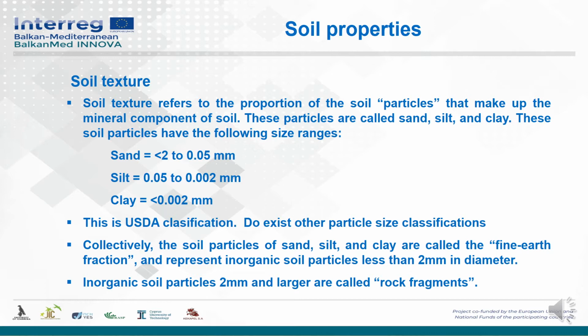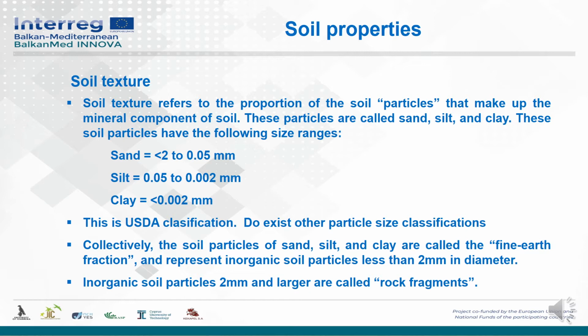Silt has between 0.05 and 0.002 millimeters, and clay, which is the tiniest part of the soil, has particles smaller than 0.002 millimeters.